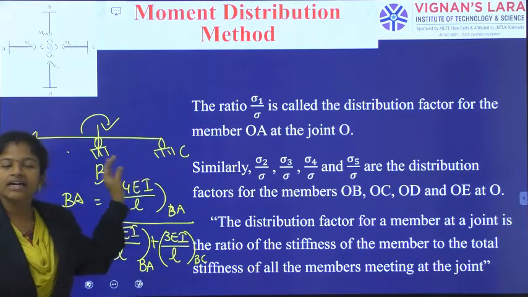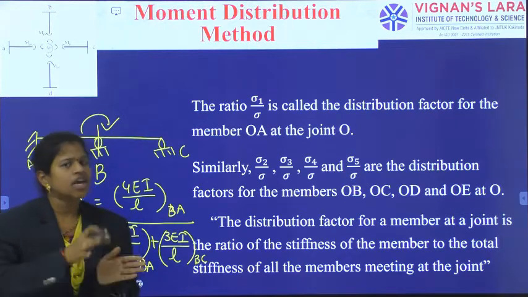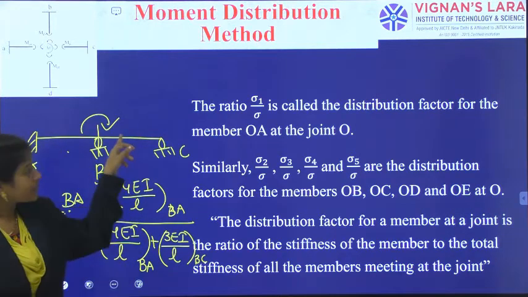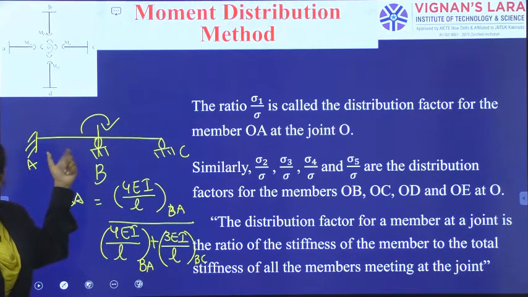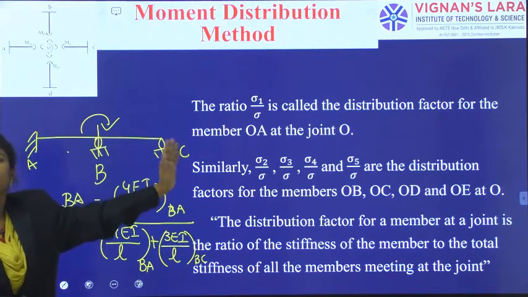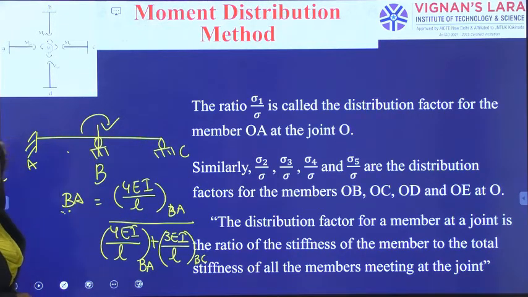Once the joint moments have enough answers, we can go into the basic steps. So I am concentrating at the joint. So at B towards A, what is the distribution factor? At B towards C, what is the distribution factor? The farther end is the remaining end.